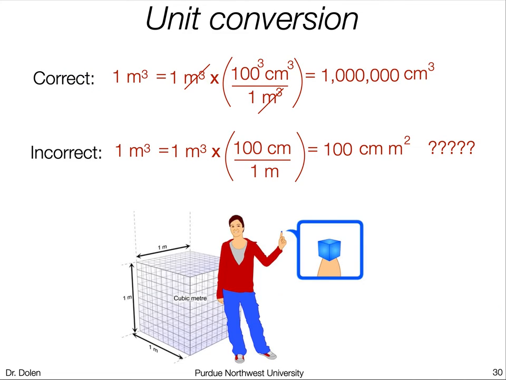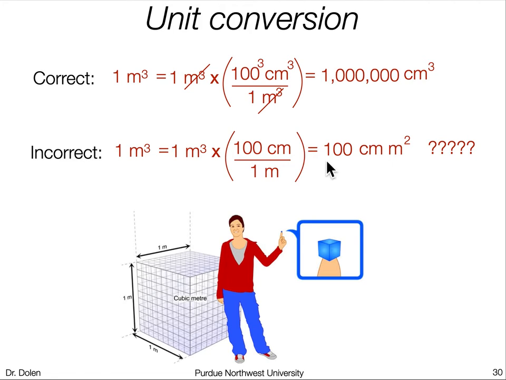And if you make this mistake, you should be able to realize it for multiple reasons, right? First, if I forgot to cube my conversion factor, I would have ended up with 100, but my units wouldn't have canceled out, so my units would be real strange. It'd be meters squared times centimeters. It doesn't really make any sense.